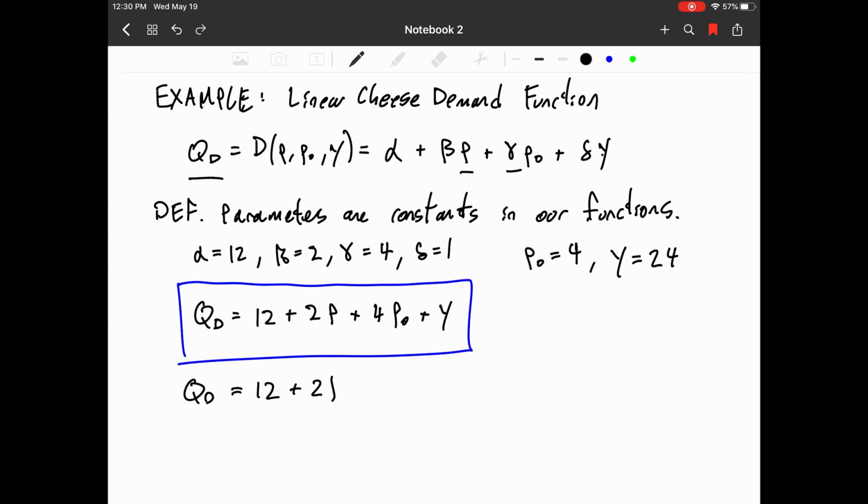So we have 12 plus 2p plus 4 times the price of the other good, which is 4, plus 24. Okay, and when you simplify all this, again, I think I did this in class. I made a small mistake.